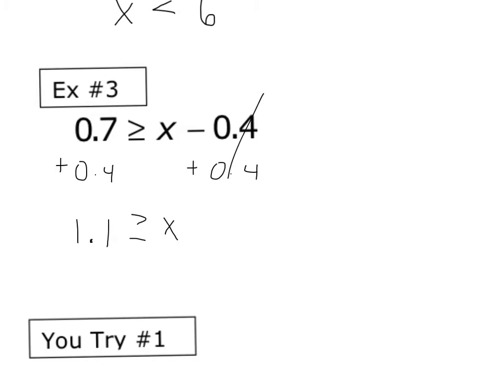I would prefer that you put your x first. If you rewrote it, it would be x is less than or equal to 1.1. I find it much easier to read it that way. So I would prefer that you start putting your x's to the left first. It will be like that on your test, and I'll grade it that way.